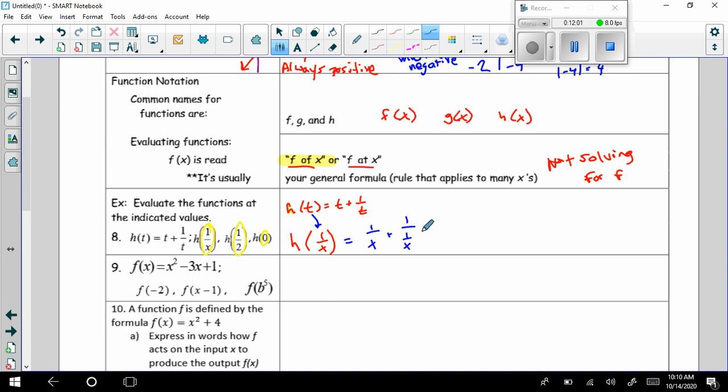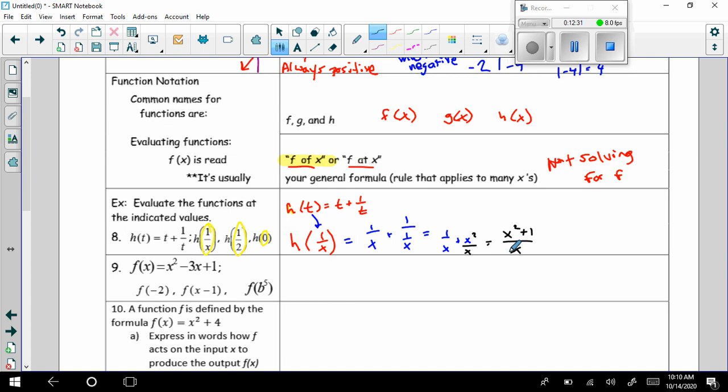And that means this is then 1 over x plus, keep change flip, x, right? Well, to add those together, I need a common denominator, so I'm going to multiply by x over x, and I'm going to get x squared over x. And then I have x squared plus 1 over x as my final answer.